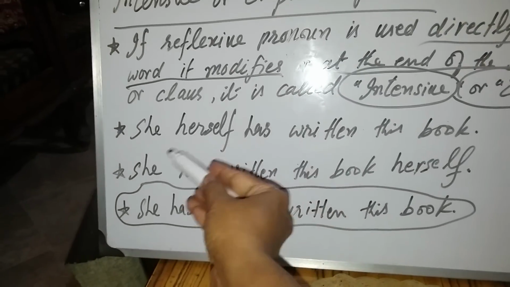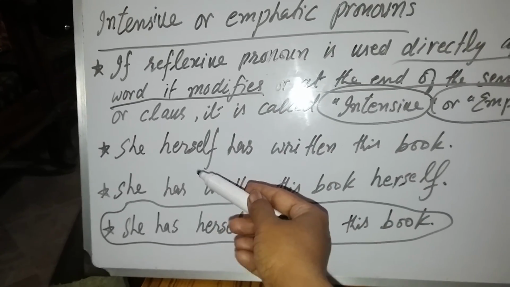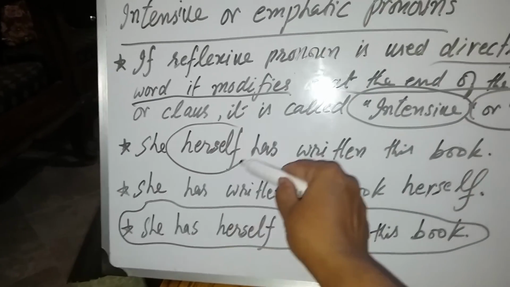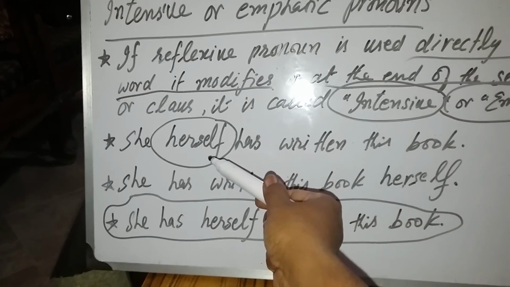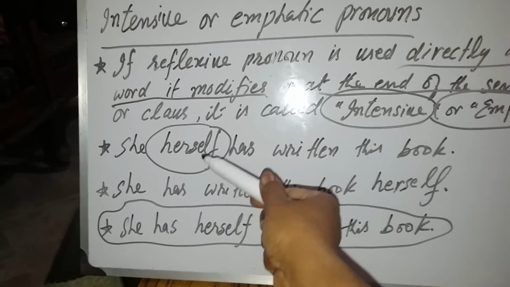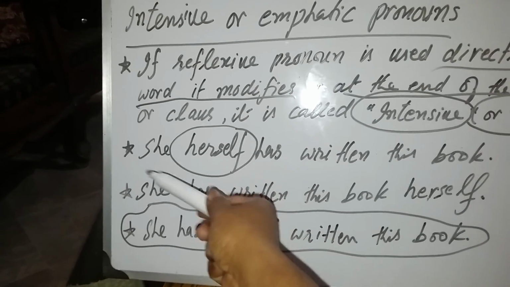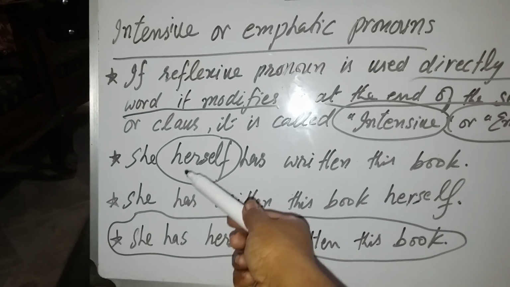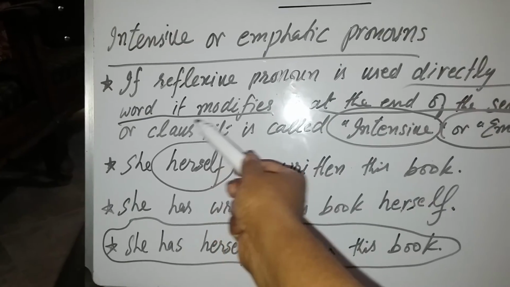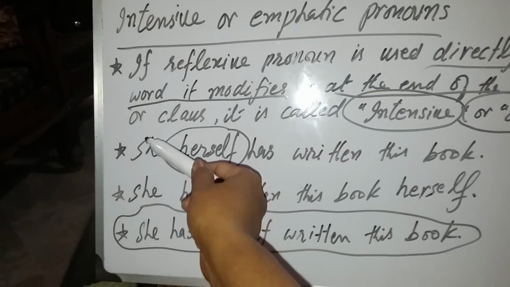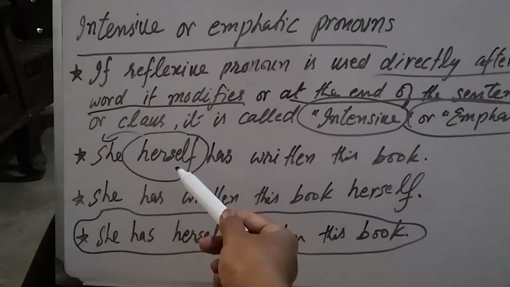These are the examples. She herself has written this book. In this sentence, herself is a reflexive pronoun, but here it is working as an intensive or emphatic pronoun, because it is written just after the subject and used directly after the word it modifies. So it will be called an intensive or emphatic pronoun.